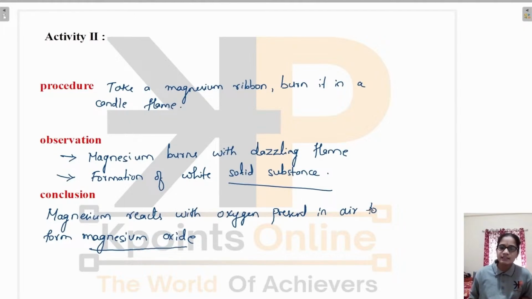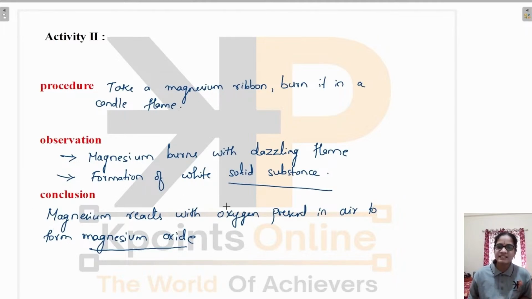This is the description of a reaction. Magnesium reacts with oxygen present in air to form magnesium oxide. Observe one thing here. This is a description of a reaction. I can also describe the reaction in a simple way, by writing the names of the substances that have undergone chemical reaction and the names of the substances that are formed after the reaction.